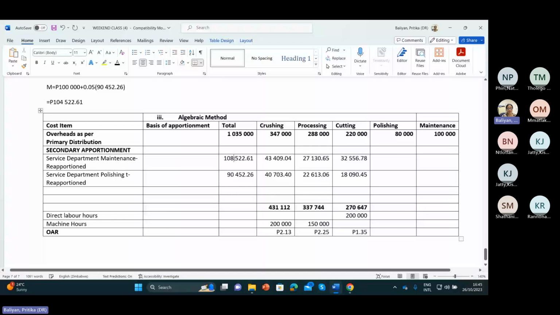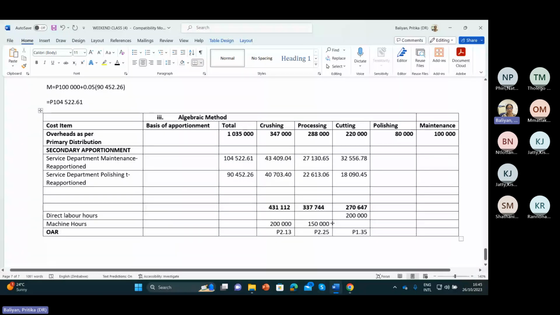It means you have to reapportion this figure among the given percentages 40, 25, 30 for the crushing, processing and cutting departments. Then we find their totals, and then machine hours and labor hours.